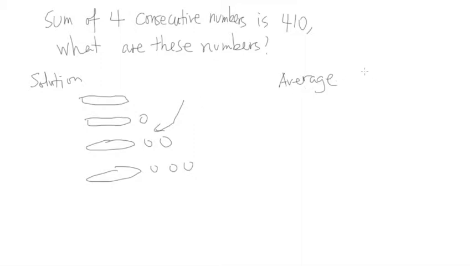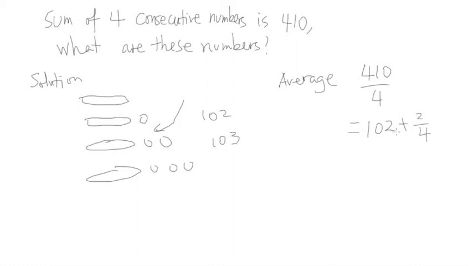Indeed, the average is 410 divided by 4, which is 102, plus 2 quarters left over. That means the average sits in between 102 and 103.